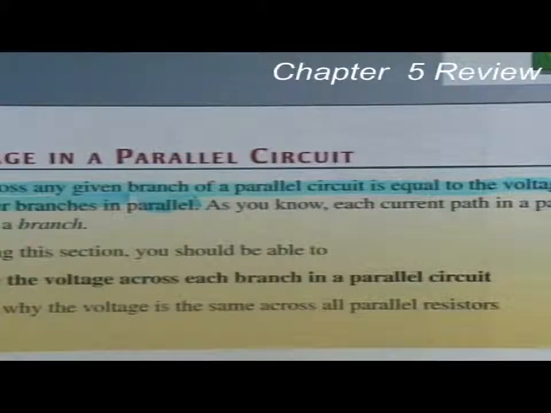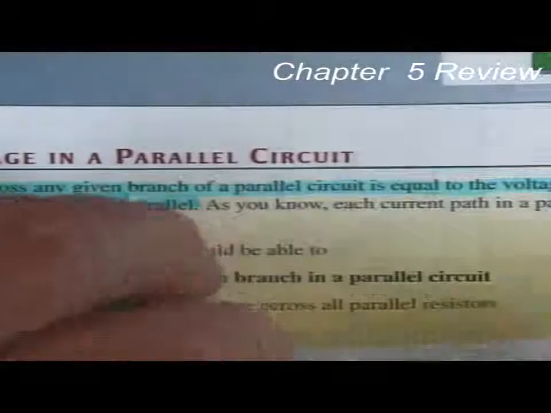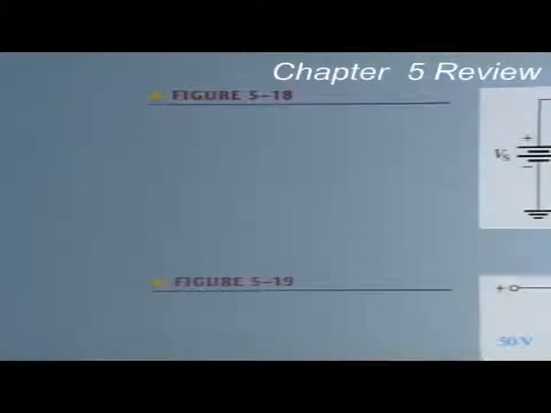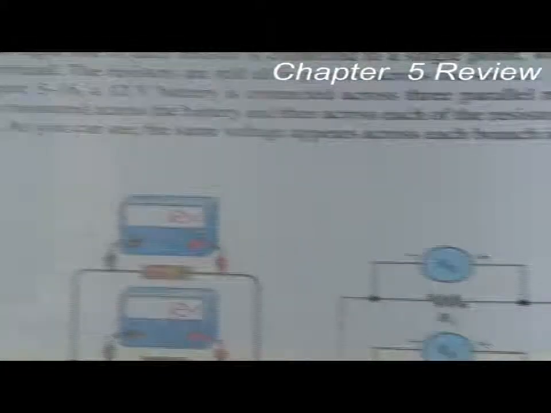The voltage across any given branch of a parallel circuit is equal to the voltage across each of the other branches in parallel. As you know, each current path is in parallel. That's a point you need to remember. All right, let's move on. It's easy to tell parallel circuits. Let's look at this.